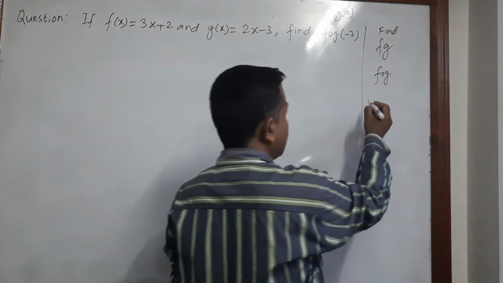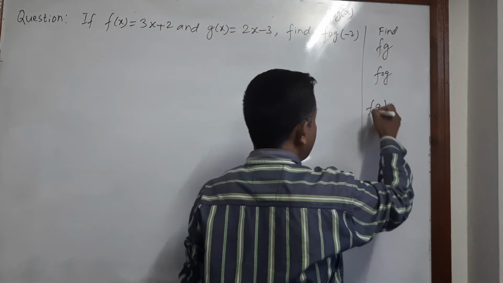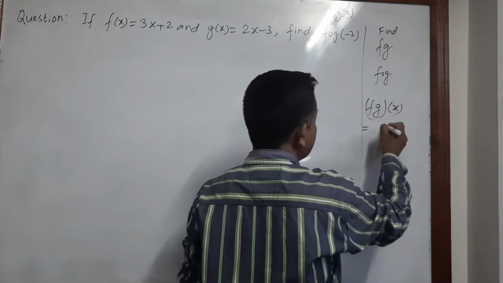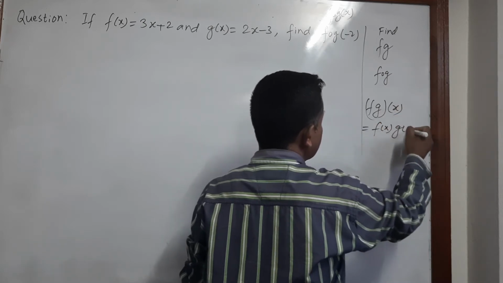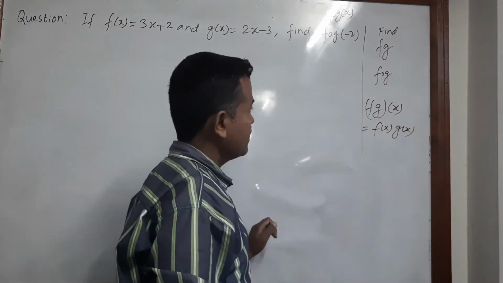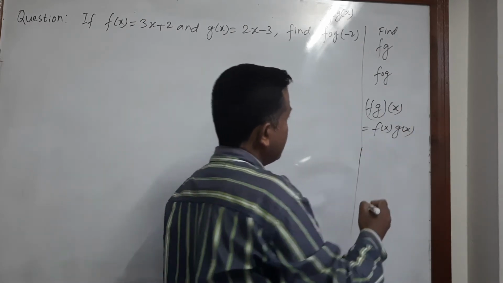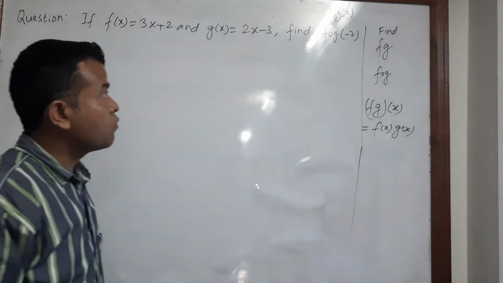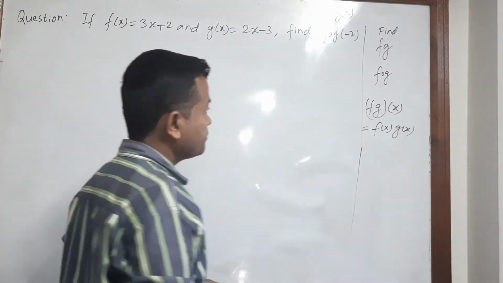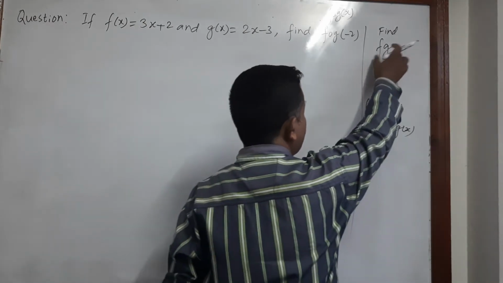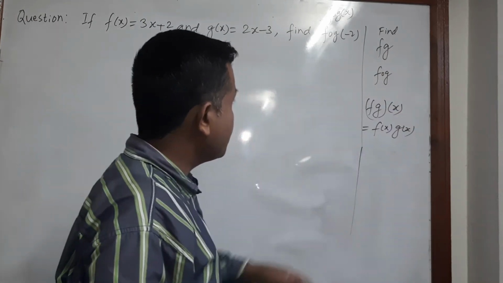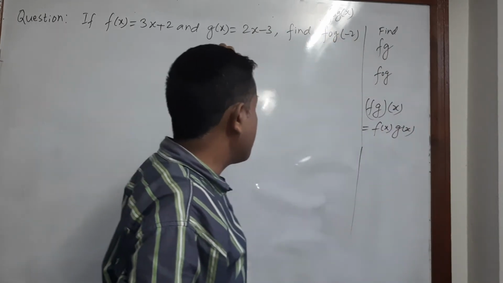And if the book asks to find (fg)(x), its meaning will be f(x) times g(x). Its meaning is the product of the two functions. But if fg only is asked, then the meaning is the composite function.